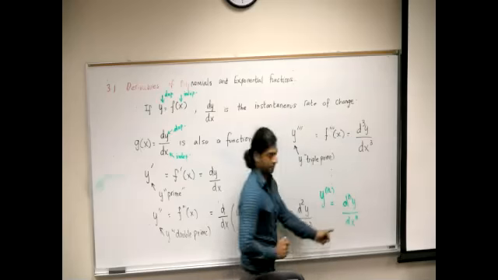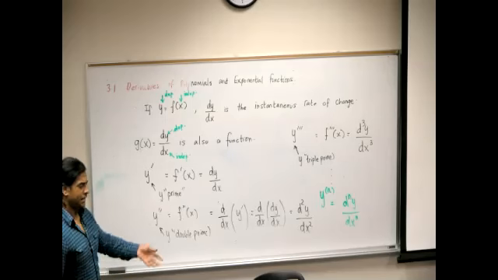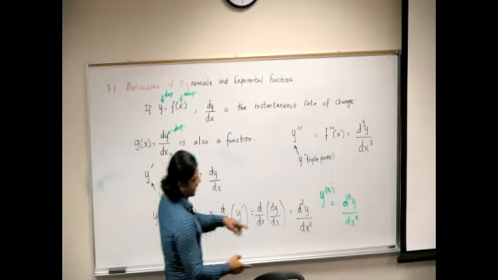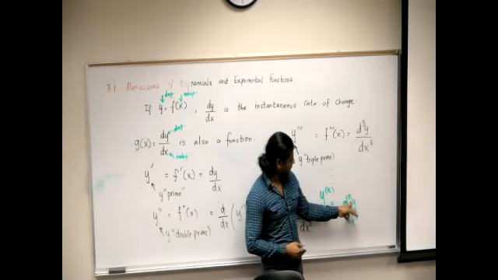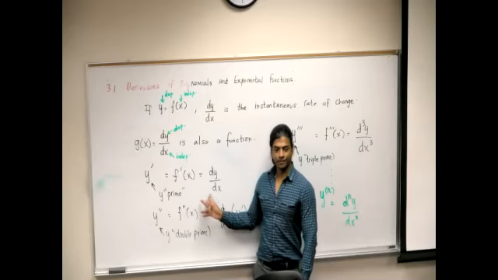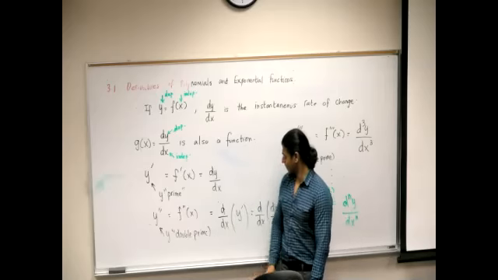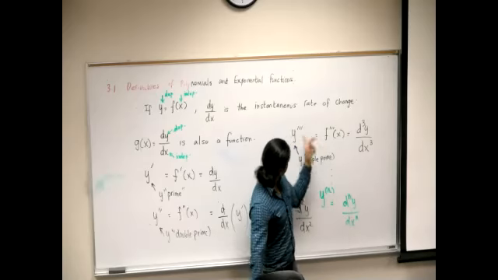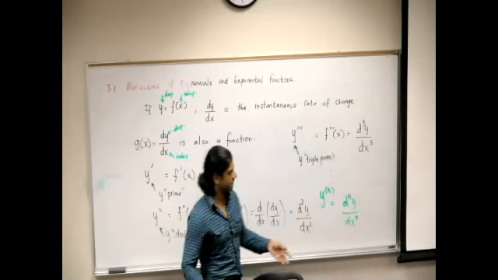Do we agree with that last statement? This is the general way of looking at it. So if I plug in 1, that would become dy over dx. If I plug in 2, d squared y over dx squared. If I plug in 3, d cubed y over dx cubed, and so on.